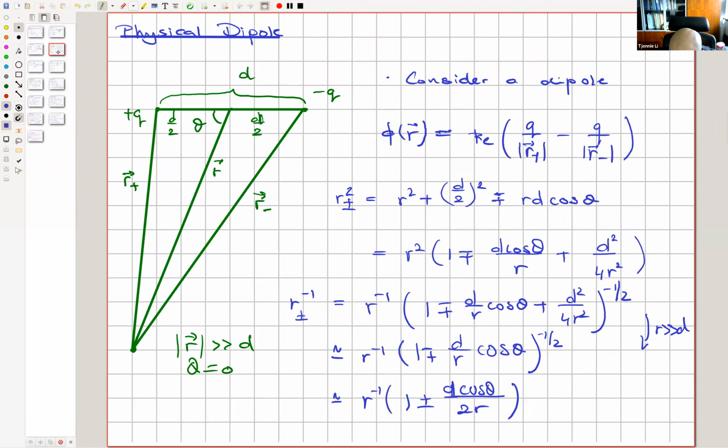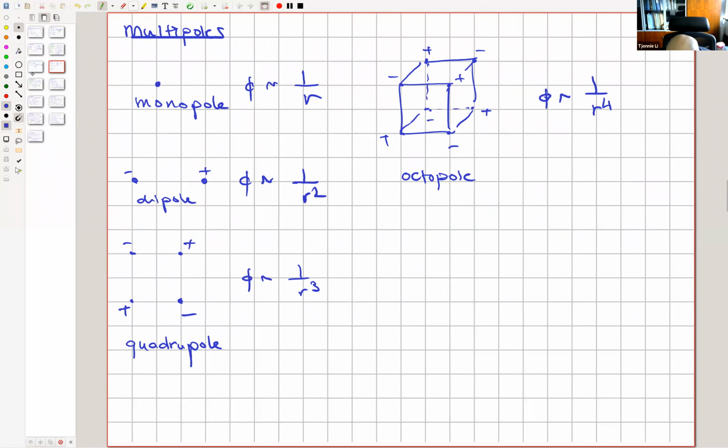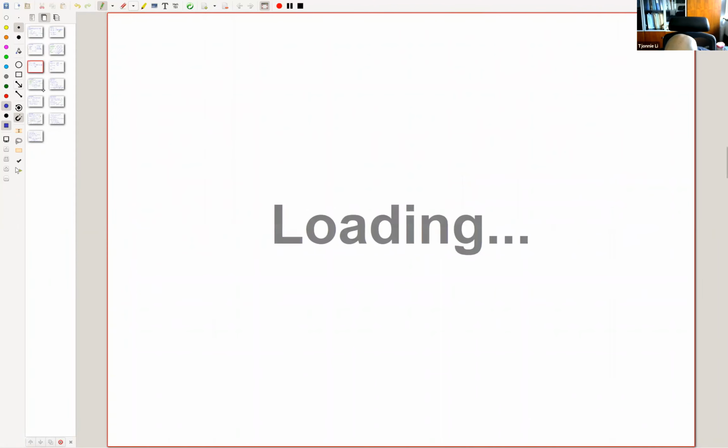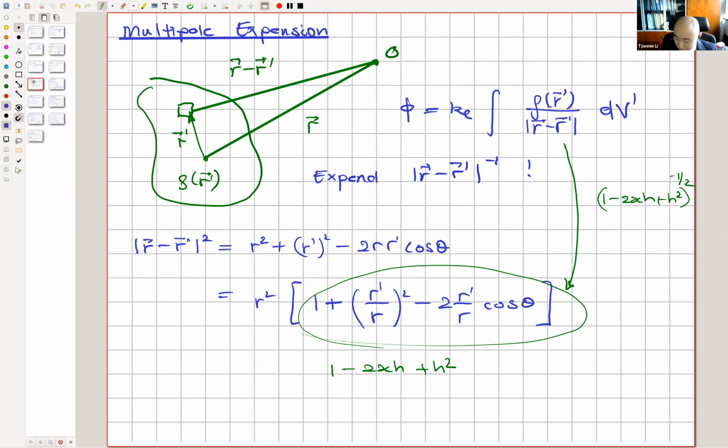And so, now that I know how to expand this over here, I'm able to look at the first few orders to see what are the strongest few contributions to this field, and that actually gives me an excellent solution to the potential, or I could even use it for the vector potential as well.